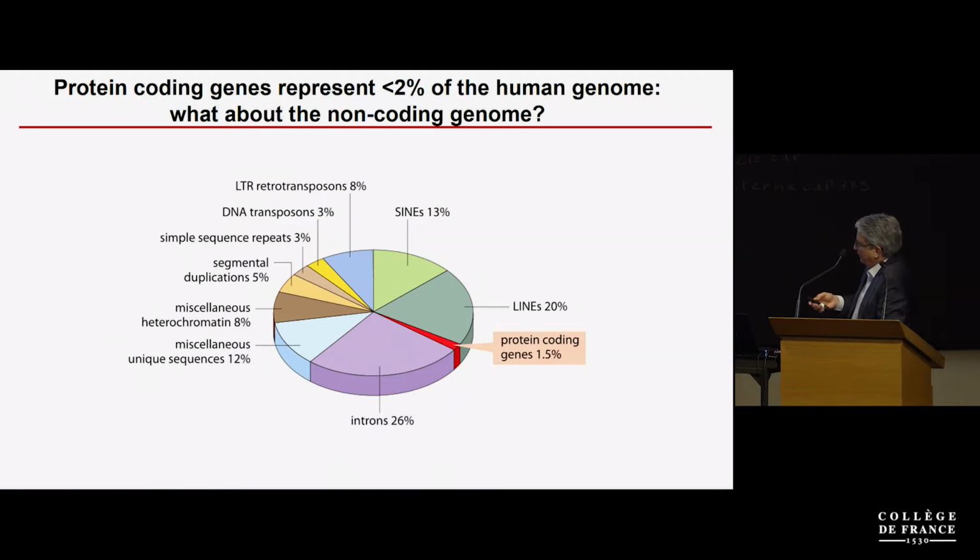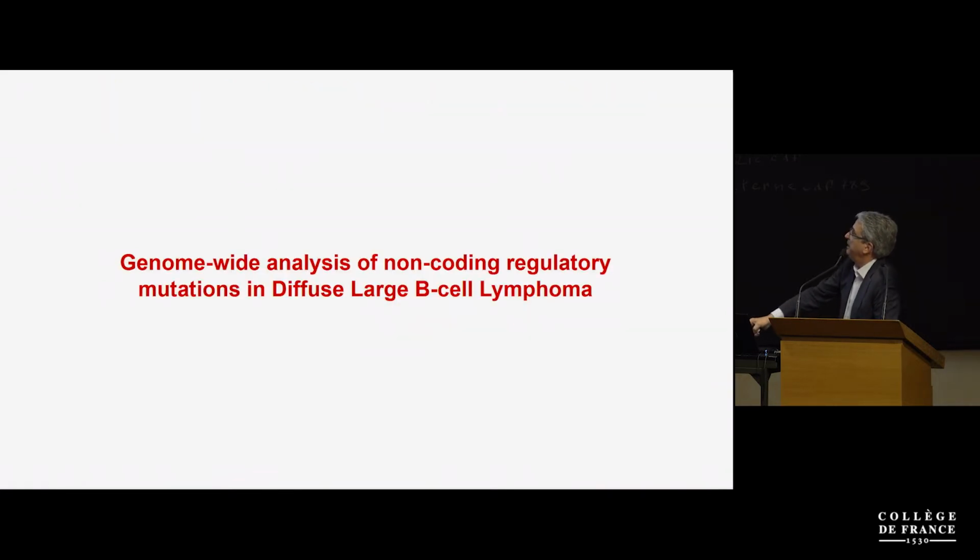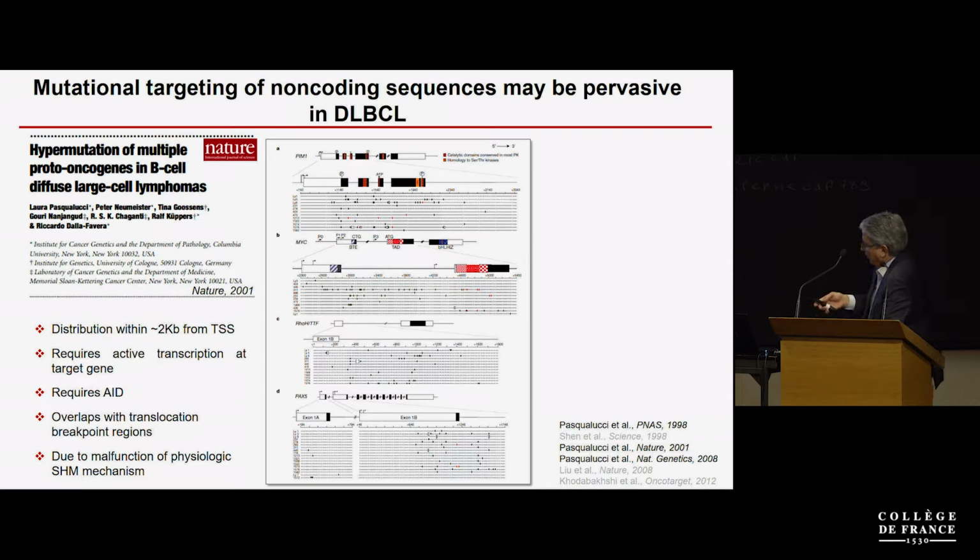And so we were encouraged to look outside coding domains because many years ago we had reported this phenomenon called aberrant somatic hypermutation, in which an AID-mediated mechanism that normally hits the immunoglobulin variable region hits the non-coding domain also, sometimes into the coding region of multiple genes, a lot of transcribed genes. Over 50 types of genes are hit by biallelic hypermutation, clearly with the hallmark of the AID mechanism.